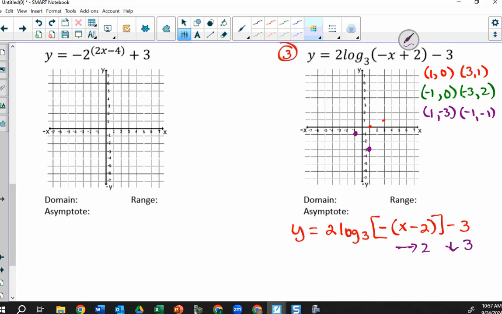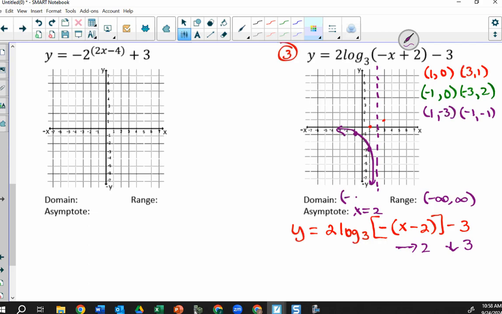Where is the vertical asymptote on this one? Yeah, x equals 2. So drawing your graph, realize it's been flipped, like it's on the other side of your asymptote this time. So it looks like that. The range is always -infinity to infinity, but what's the domain this time?